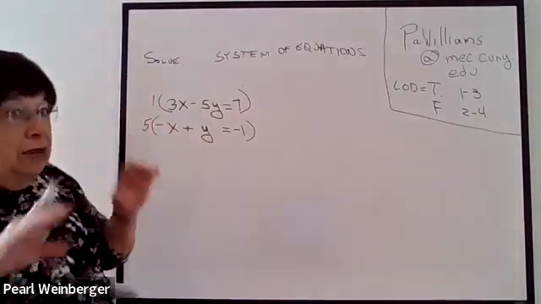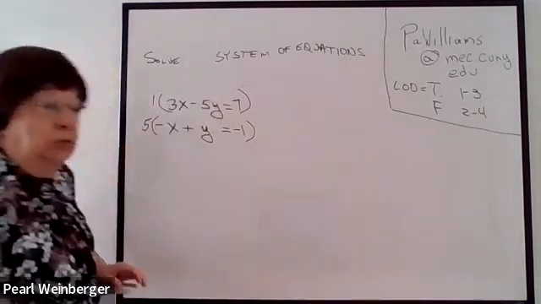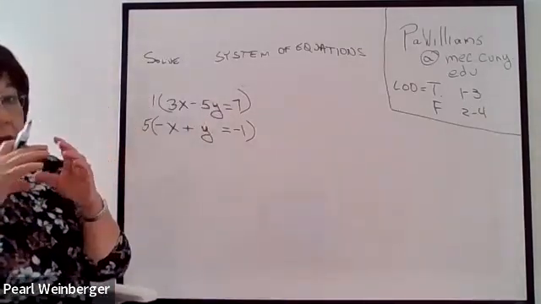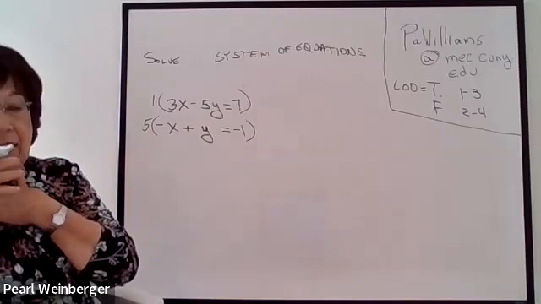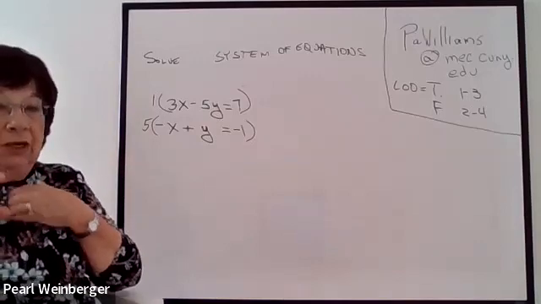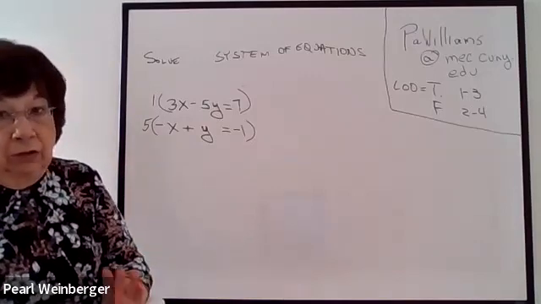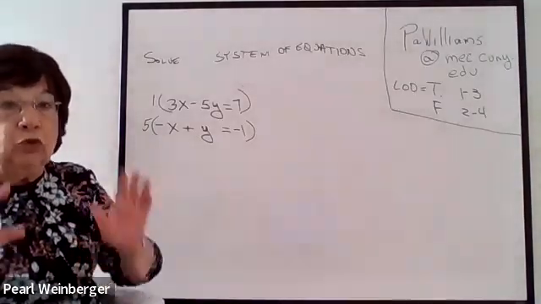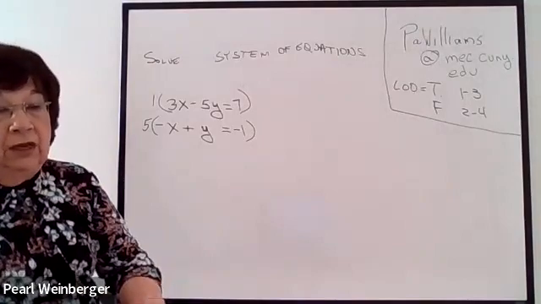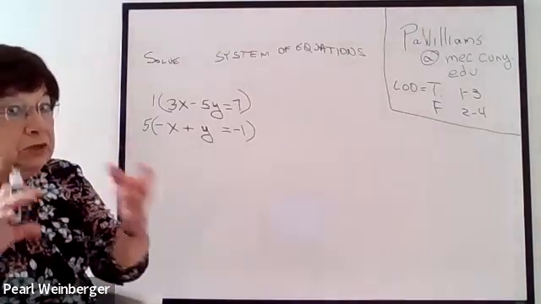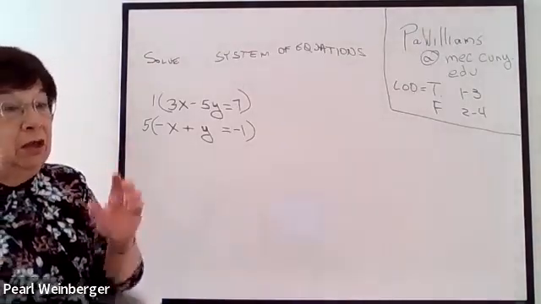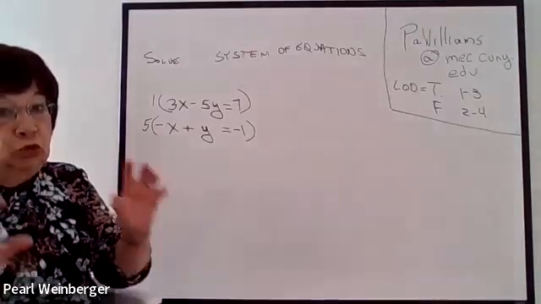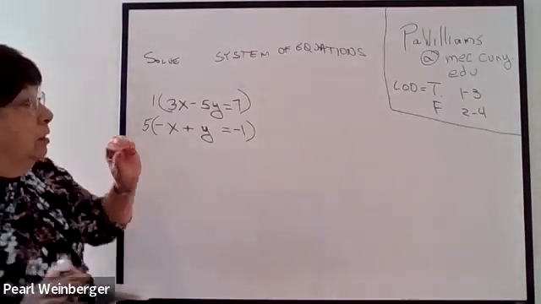So again, when we're deciding what to multiply by, and let me just stop here for a second, this is not the only way it could be done. I just teach it this way because this way will always work. Sometimes you just see other numbers that will work just as well, but this method for sure will work for you.